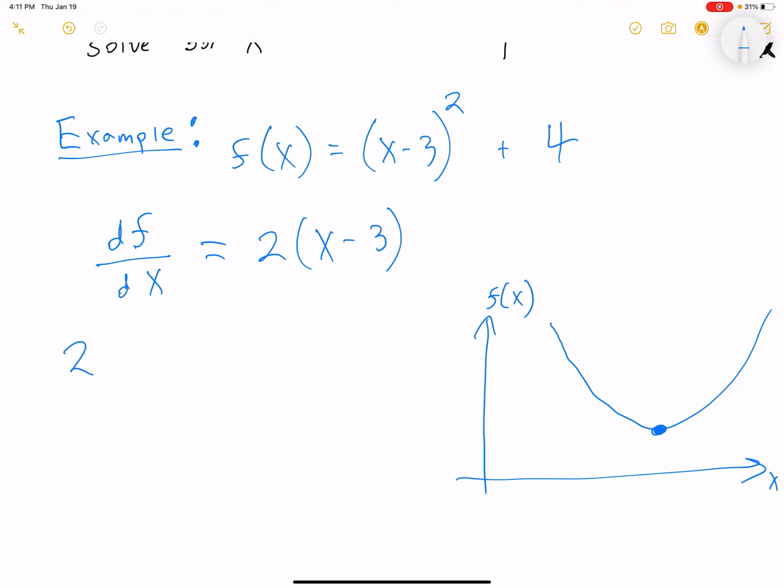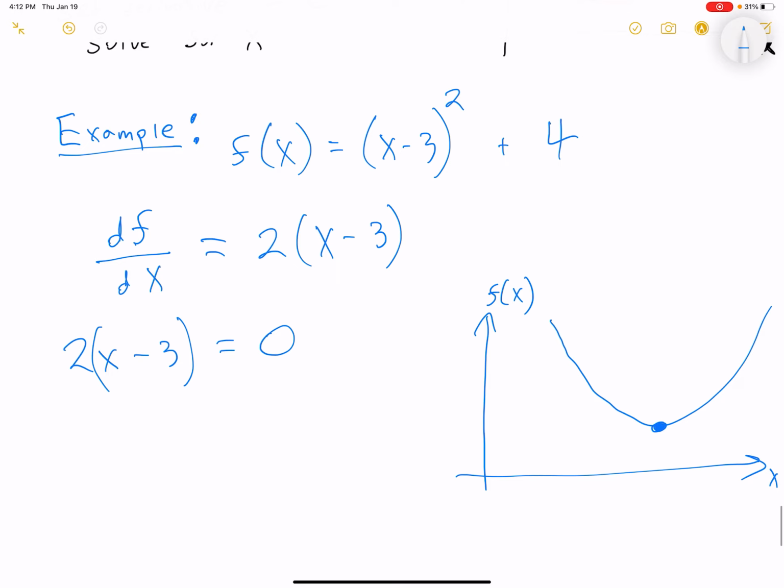So we have a function for our derivative. We can set our derivative now to be equal to 0. And now we solve for x. So 0 equals x minus 3, x equals 3. And it turns out that that corresponds to this point here.